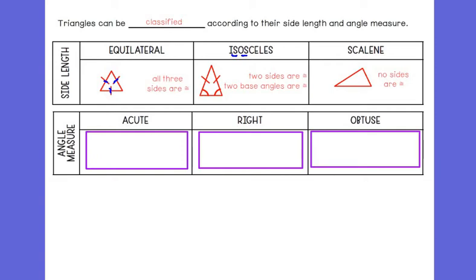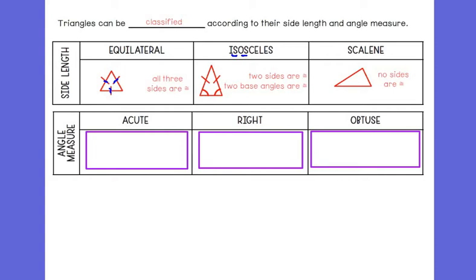Is any of the angles obtuse? I can look at it any way, and I don't see any obtuse angles. Obtuse means it has to be larger than what? 90. Do you see any angles that are larger than 90? Do you see any angles that are exactly 90?